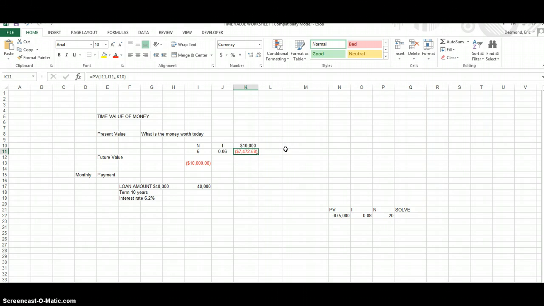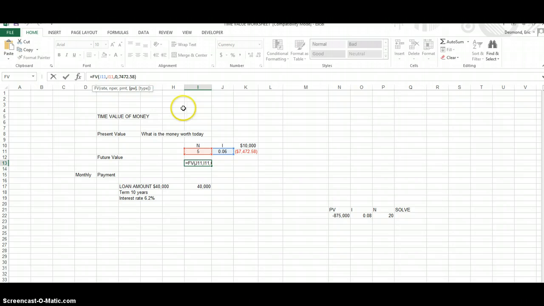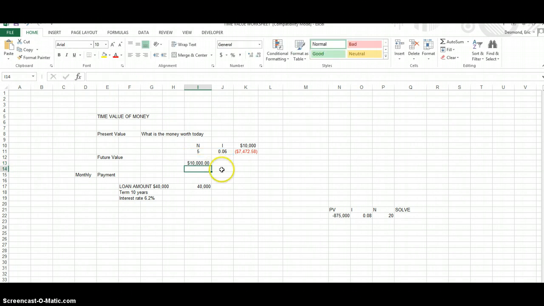You're taking out 7,472.58, so you put in a negative. To calculate this properly, we put in a negative, and that's going to give us $10,000 positive. So you took out of your savings negative 7,472.58. You wrote a check, therefore it leaves your account, and it's going to come back in 5 years as a positive amount.